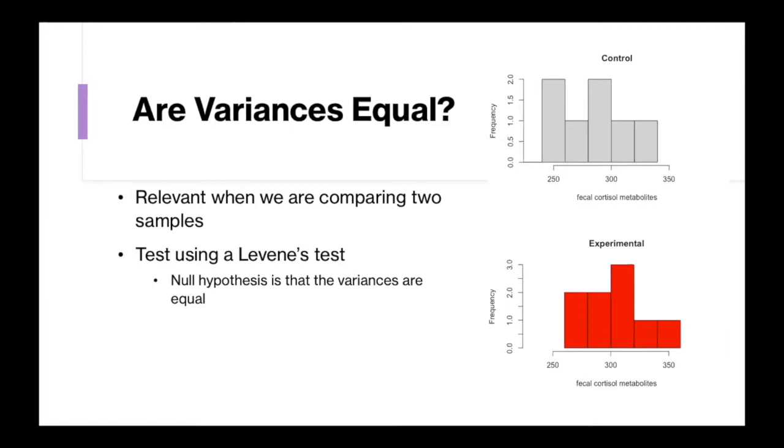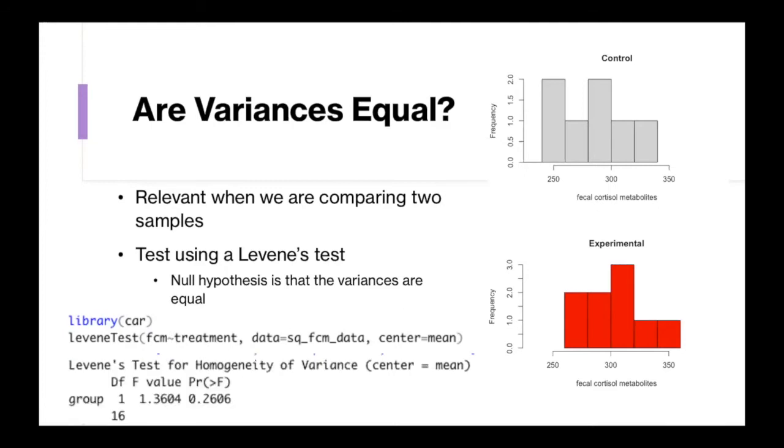Now, it's important to remember that in this Levene test, our null hypothesis is that the variances are equal to one another. And we only reject this null hypothesis and conclude that the variances are different if they are sufficiently large to get a p-value less than 0.05. So we can use some code in R then from the car package and this leveneTest function to determine whether or not the variances in our two treatment groups for fecal cortisol metabolites is in fact different.